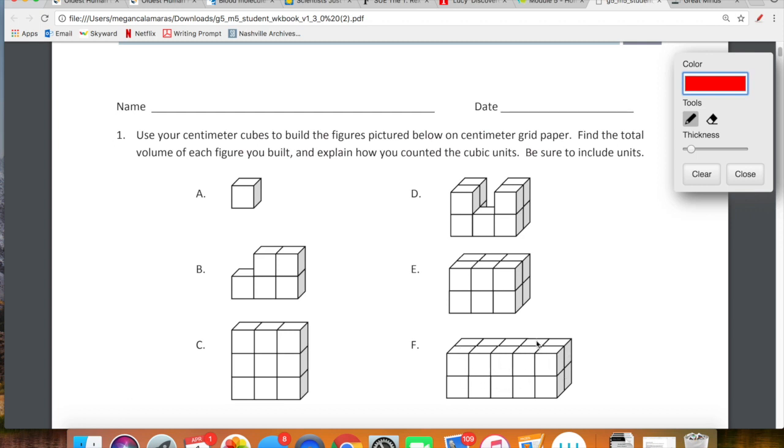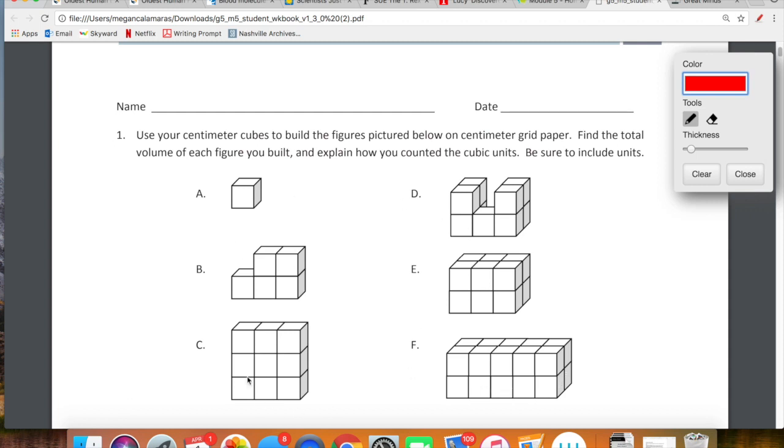In F, although you can't see the bottom level of the far back row, you must know that this top level is all resting on the first floor. We'll call this the first floor. You can see that the second floor is intact because the first floor is the base.